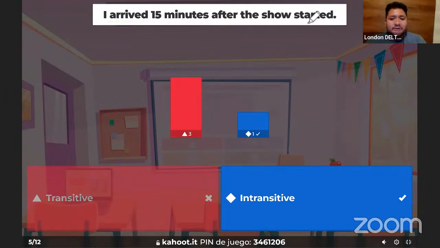Ok, yo creo que se confundieron con started. El show comenzó. No, pero ese también es intransitivo. Ambos verbos arrive y start son intransitivos. El show comenzó. Comenzó a sí mismo, podríamos decir. Right? No hay nadie que lo comience en la oración, no se puede interpretar de esa forma.